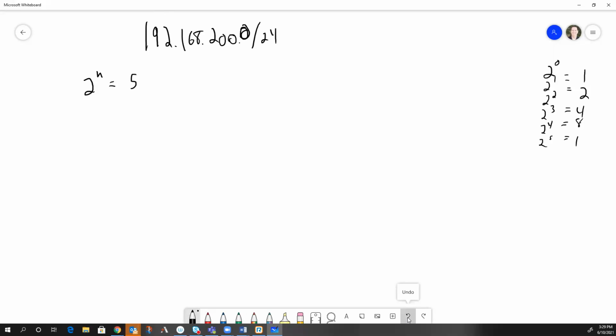Hold on. My math is way off. That was messy. 2 to the 0 equals 1. 2 to the 1 equals 2. 2 to the 2 equals 4. 2 to the 3 equals 8. 2 to the 4 equals 16.